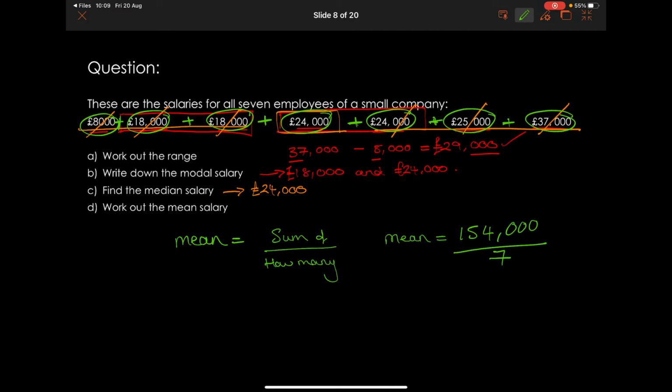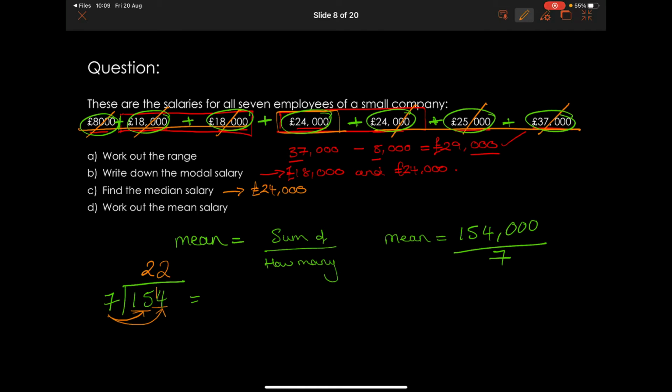To be fair, even if we'd done 154 divided by 7, we could have done that without a calculator, because we say how many 7s go into 15? That's 2, remainder 1. And then how many 7s go into 14? That's 2.